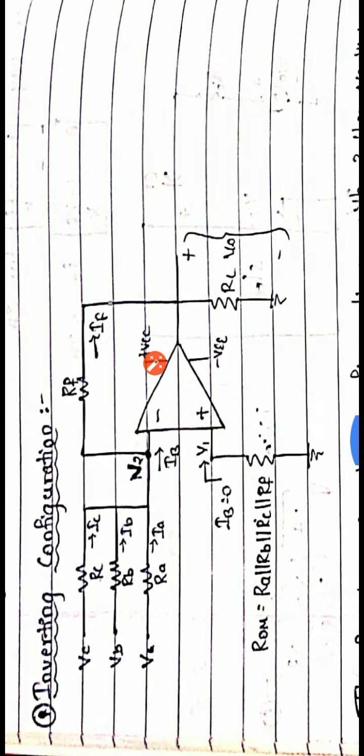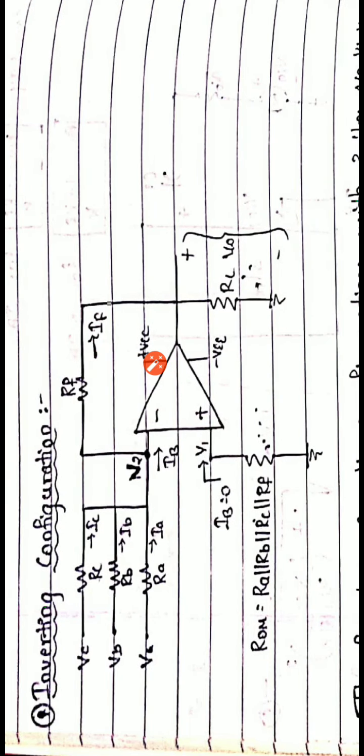Okay. So this is the circuit diagram which is used for the inverting configuration. So here three input signals VA, VB, VC are applied to the inverting terminal. With respect to that, three resistors are there which are called input resistors RA, RB and RC, where IA, IB and IC are the currents which flow through the three input resistors respectively.